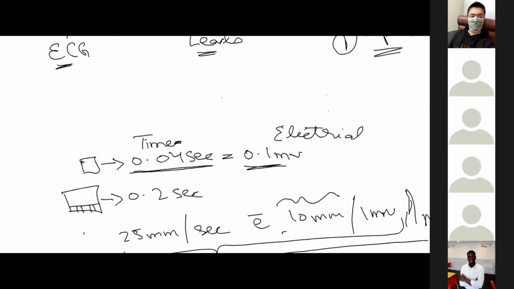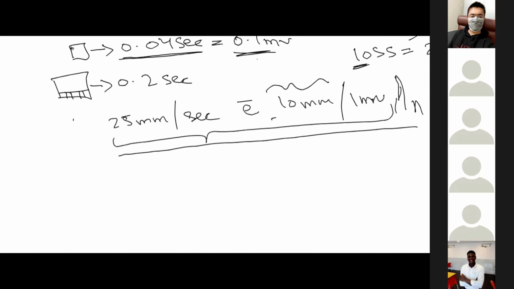So it gives a rough idea that 5 small squares is equal to 0.5 millivolt, or 10 small squares, which is 2 large squares, is equal to 1 millivolt. Okay, this was about the paper.